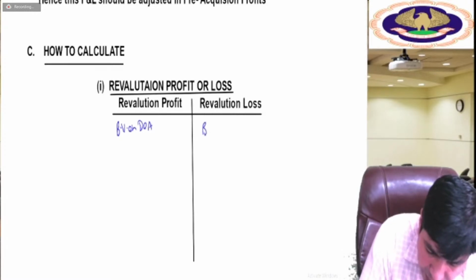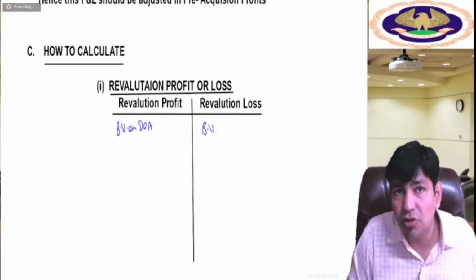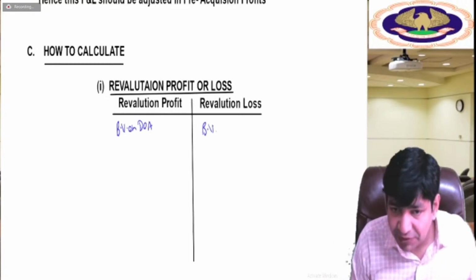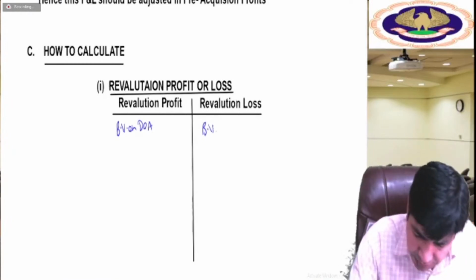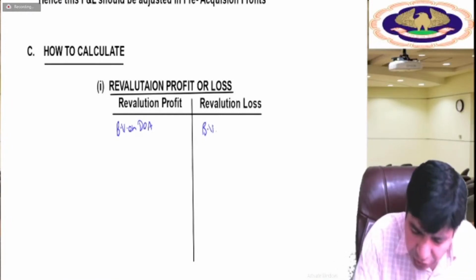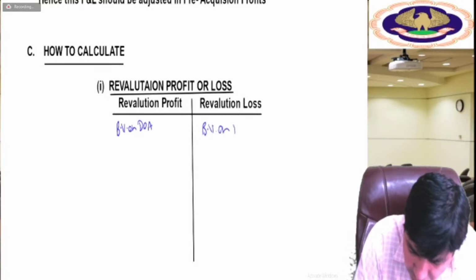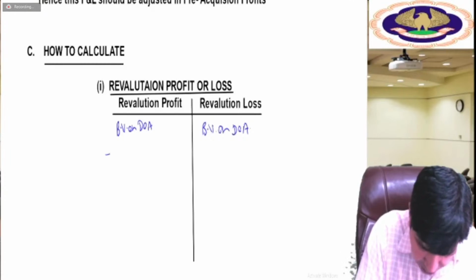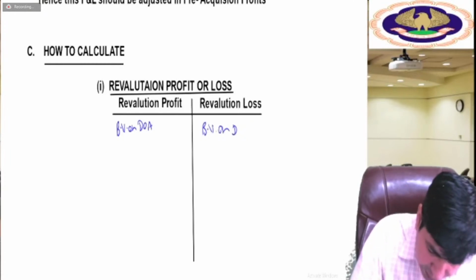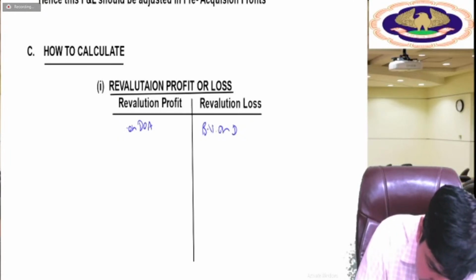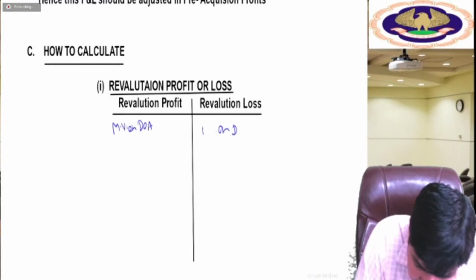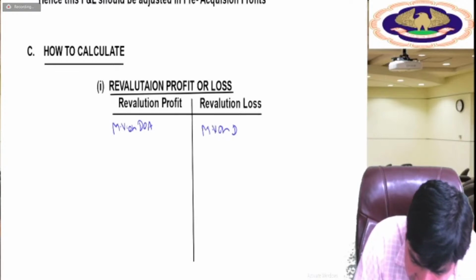I'm going to put figures on this concept so that you can revise the concept with some figures. Book value on the date of acquisition, sorry. Wait a minute. I'm going to change this. That is market value on the date of acquisition. Okay, beta. Market value on the date of acquisition.